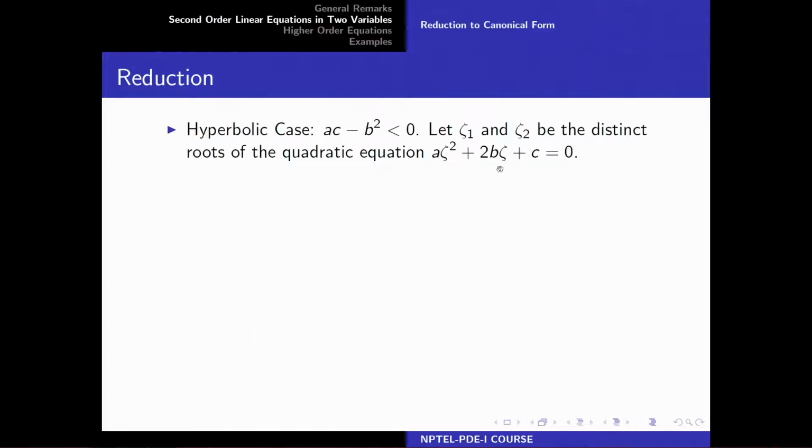So, this zeta we can replace by phi x by phi y or psi x by psi y as the case may be. And since xi 1 and xi 2 are real and distinct, we choose them accordingly. So, what happens if A equal to 0, now you take the zeta square here. So, that is always possible.